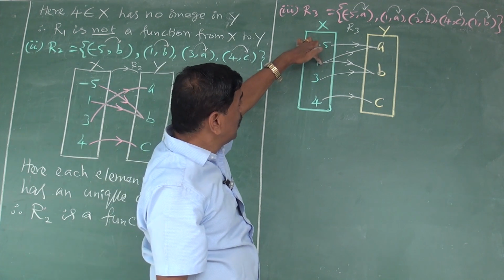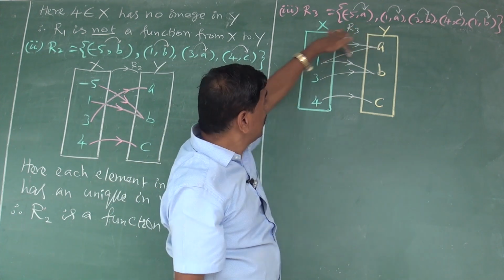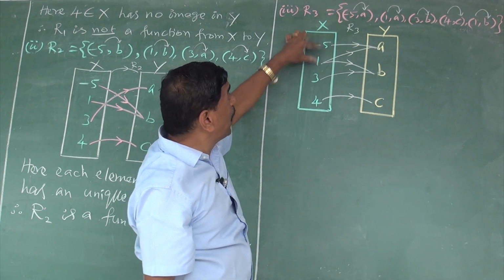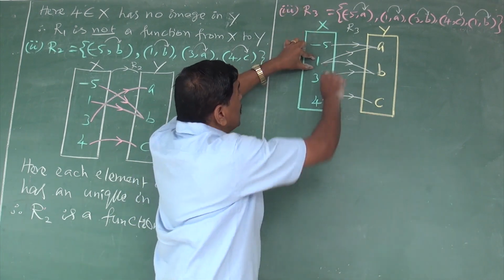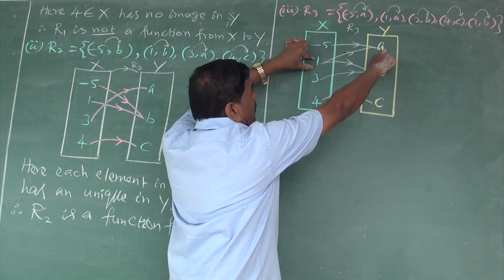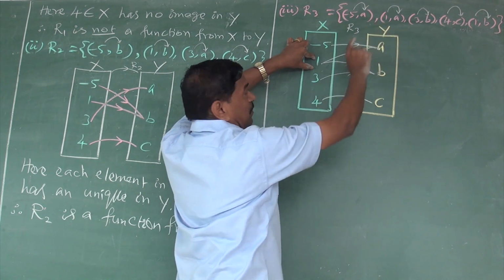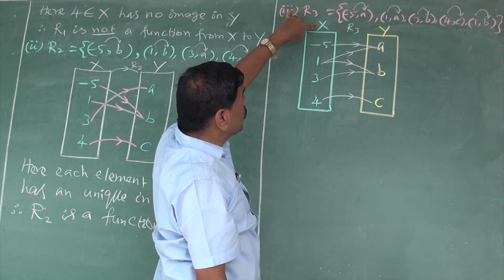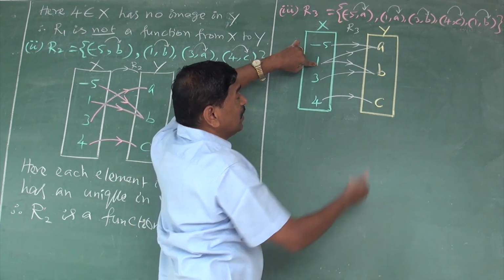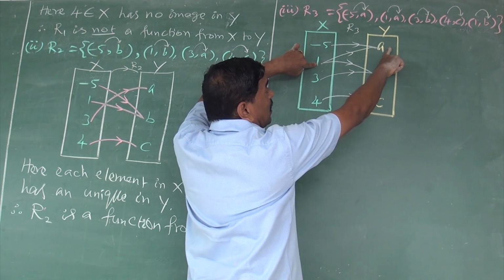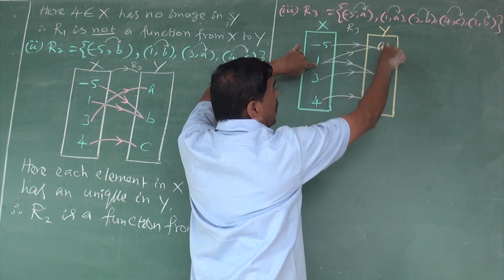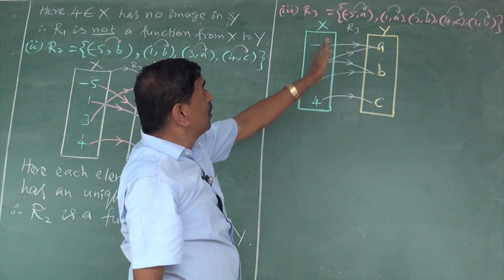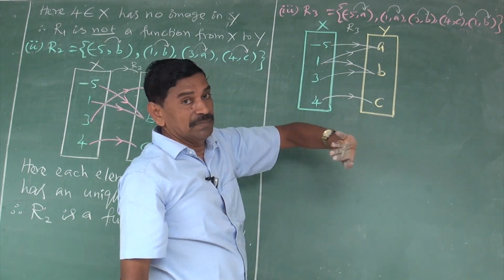One's image A, one's image B. The element 1 belonging to X has two images in Y, A belongs to Y and B belongs to Y. Therefore, R3 is not a function.